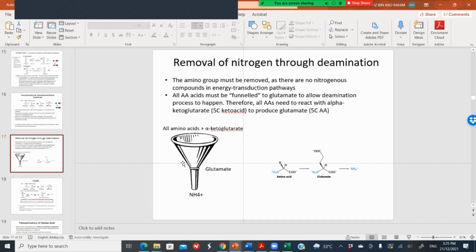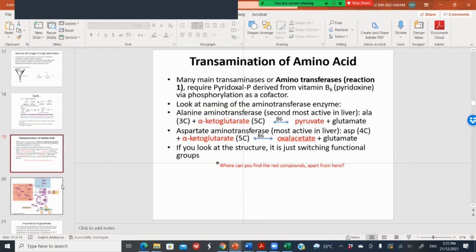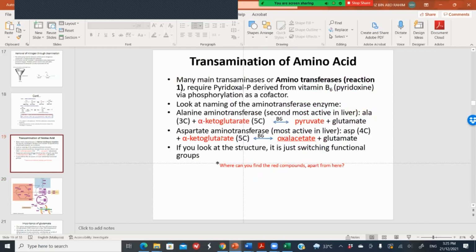So I just draw you this funnel. So all amino acid must react with alpha ketoglutarate in order to produce glutamate before this glutamate can produce ammonia through deamination. Okay, again, same. I just want to show you guys that the name of the enzyme that is responsible for the transamination usually based on the name of the amino acid that is here at the substrate.